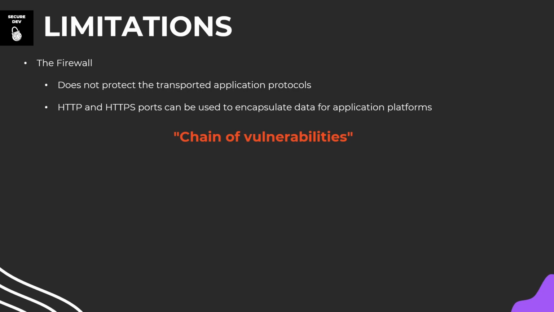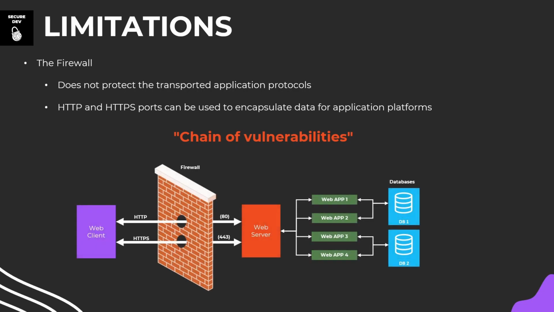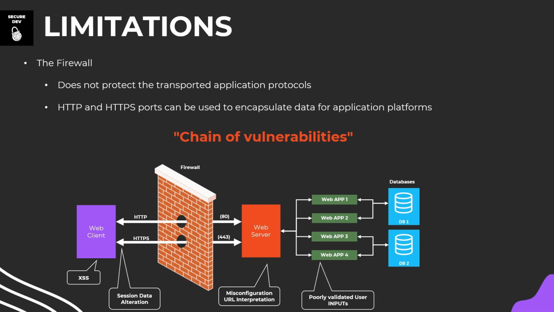Now let's go back to our diagram. At the web client level, there could be vulnerabilities to attacks like cross-site scripting or XSS. The web server, something like Nginx, for example, might be vulnerable to misconfiguration or URL interpretation issues. Our web applications, whether built with Spring Boot or Node.js or another platform, might be open to problems from poorly validated user inputs.